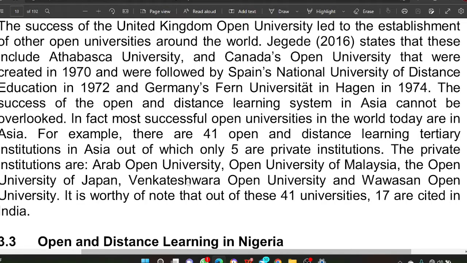The private institutions are Arab Open University, Open University of Malaysia, Open University of Japan, Venkateswara Open University, and Wawasan Open University. It is worthy of note that out of these 41 universities, 17 are sited in India.